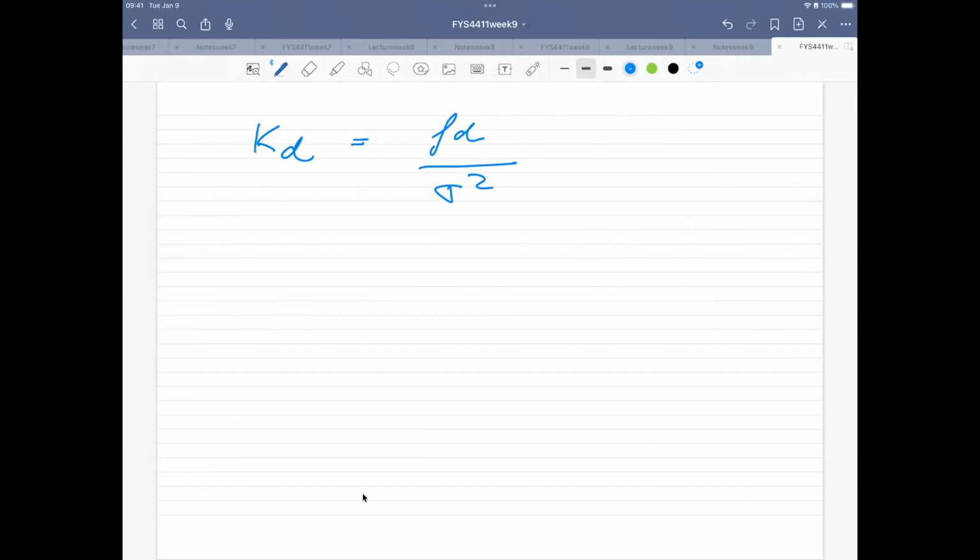And what we saw last week is that when this d is equal to 0, then this quantity f0 is the same as the variance. So that means that this function has a peak value equal to 1. But if this f of d goes to 0 quickly, we would like this function kappa to go to 0 as soon as possible.